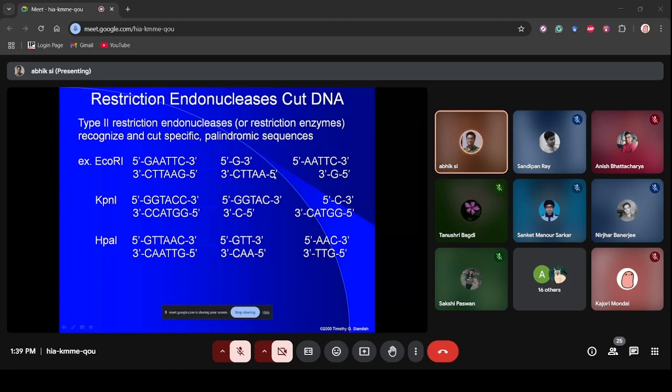So except for the phosphate bond, they will make hydrogen bonds and join again.